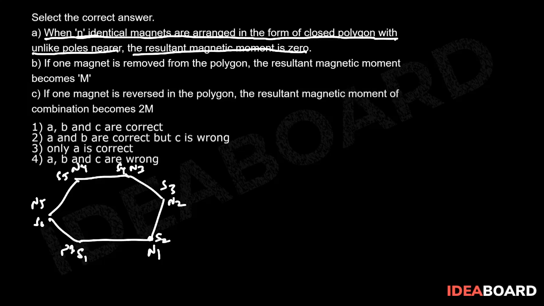If you observe here, the direction of magnetic moment, first one m1 vector, the second one m2 vector, third one m3 vector, fourth one m4 vector, fifth one m5 vector, sixth one m6 vector.